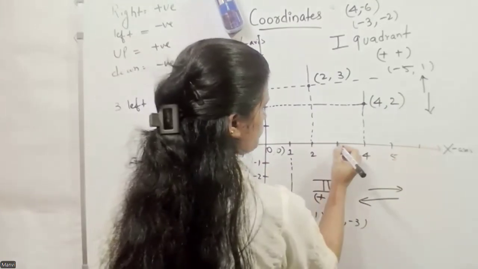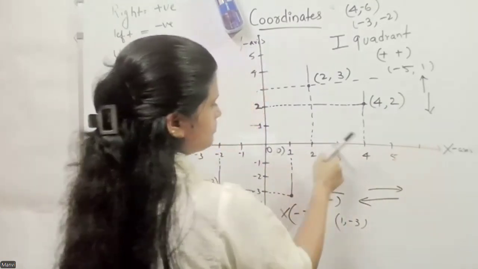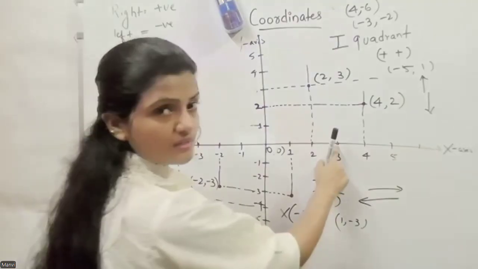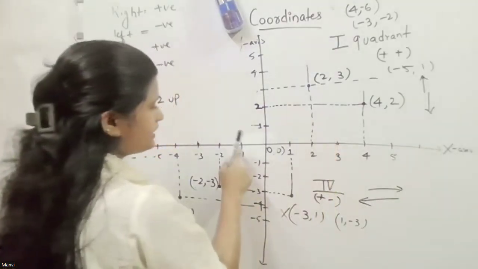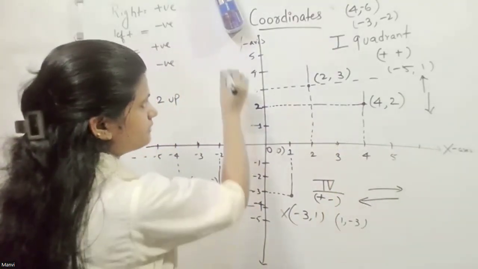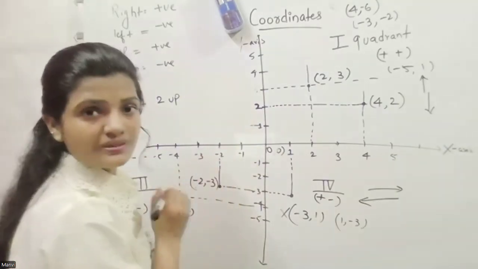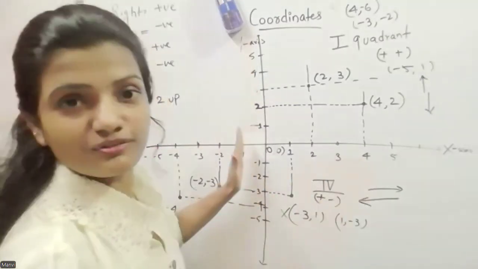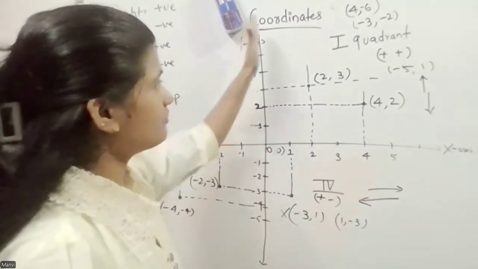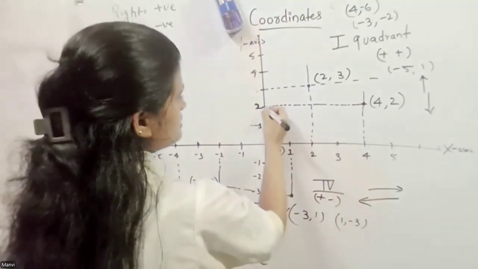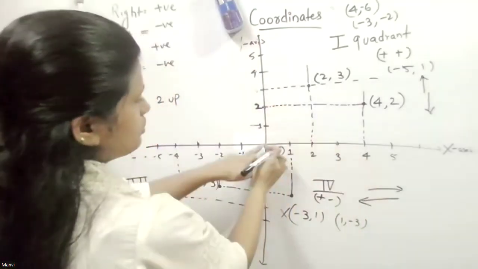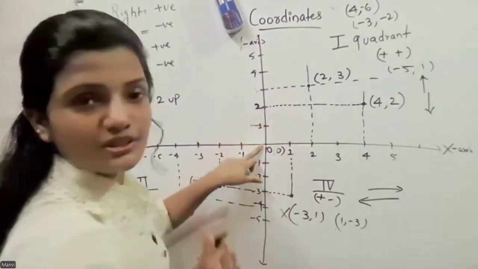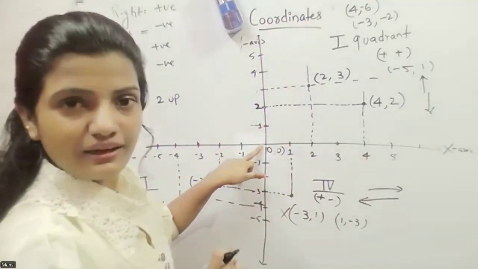Like for this point, the value of X is 3, but the value of Y is 0. For this point, the value of X is minus 1, but the value of Y is 0. Similarly, on the y-axis, all the values of X are 0, because for this point, the value of X is 0, but the value of Y is 2. Okay?